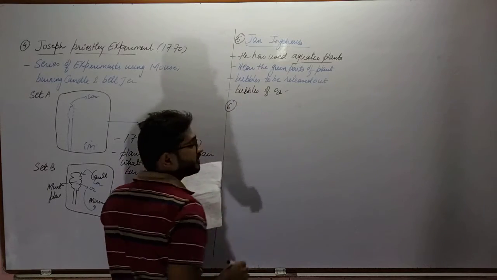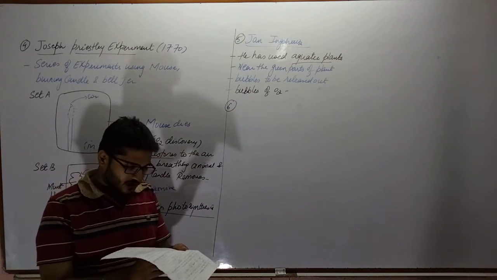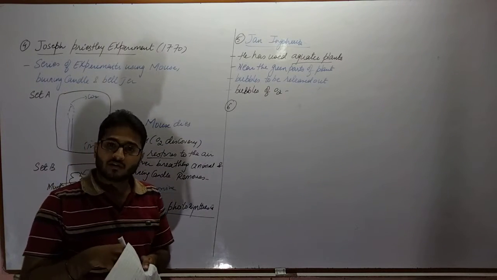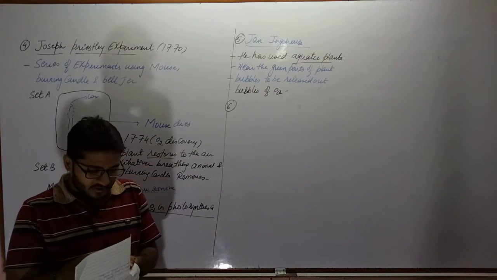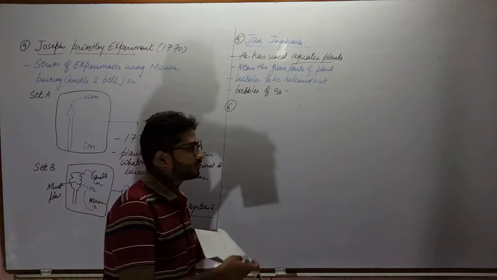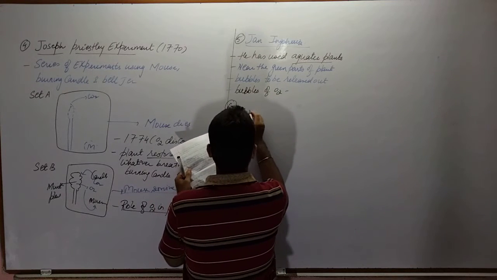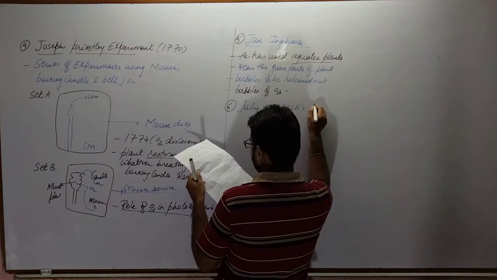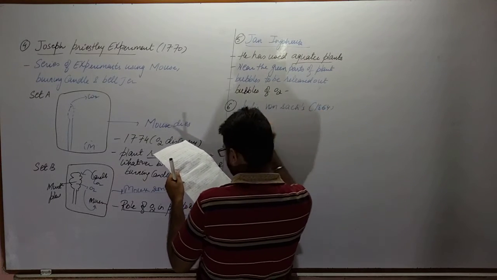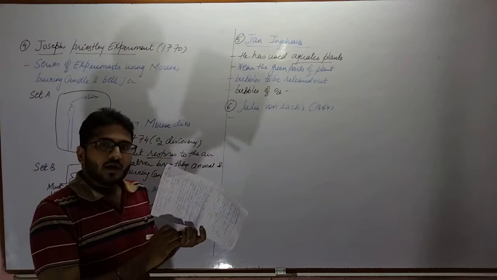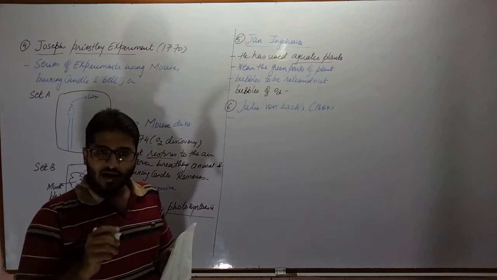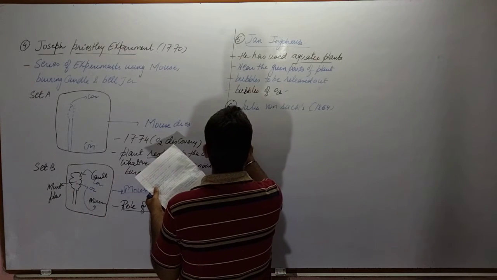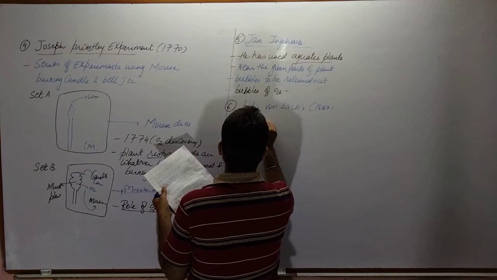Now, the sixth experiment is the Julius von Sachs experiment of 1854. Based on this experiment, the statement that he gave is that the green substance in plants is located in spherical bodies.